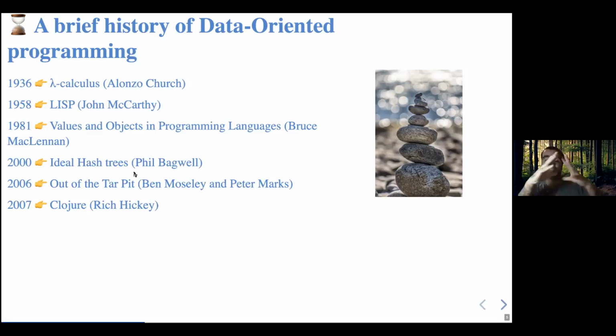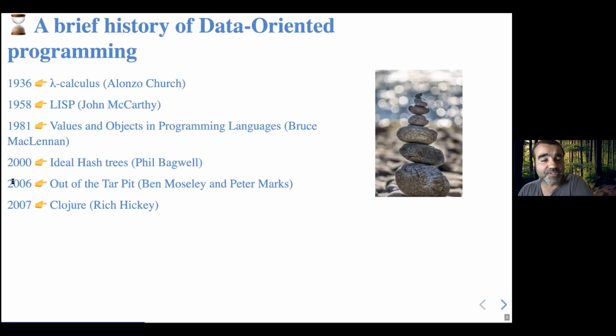Because it's a tree structure with branching factor 32, it's really efficient to do structural sharing and to create a new version of the tree very fast, both in terms of computation and memory. So it's a combination of academia and industry, I would say, between Phil Bagwell and Rich Hickey.